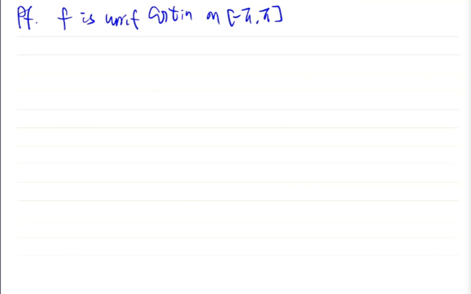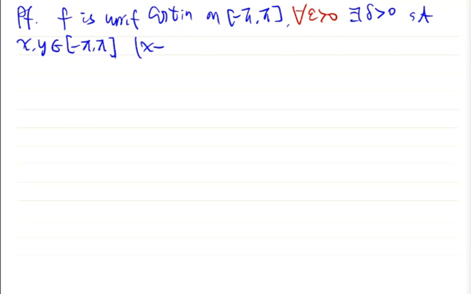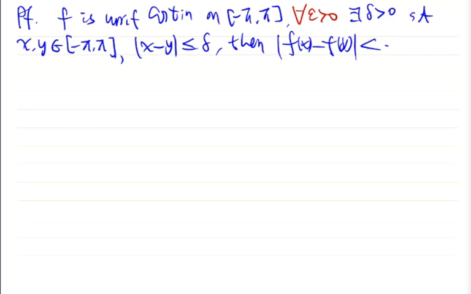So for any epsilon positive, there exists a delta positive such that if x and y belong to this interval, and the distance from x to y, that is the absolute value of their difference, is not greater than delta, then |f(x) minus f(y)| will not be greater than a third of epsilon.